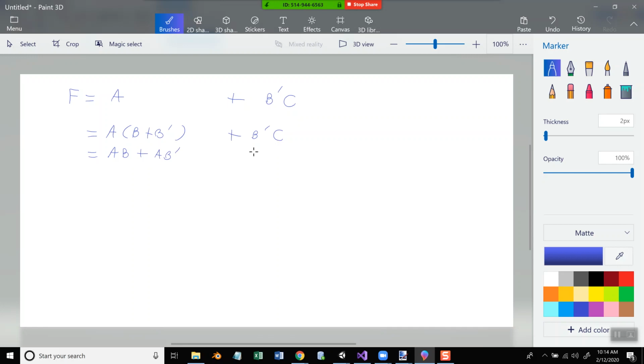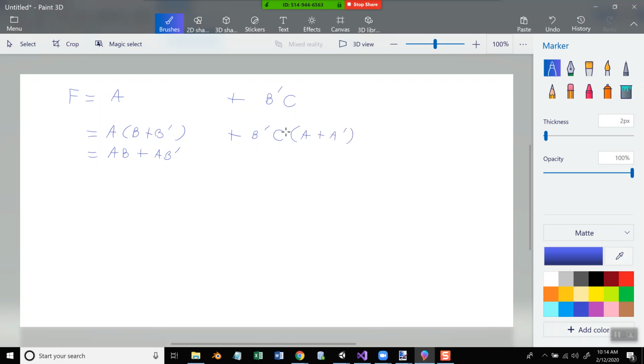Now over here, what letter's missing on the second part? Well, it has a C. It's got a B and C. It's missing an A, isn't it? So we can do the same trick.